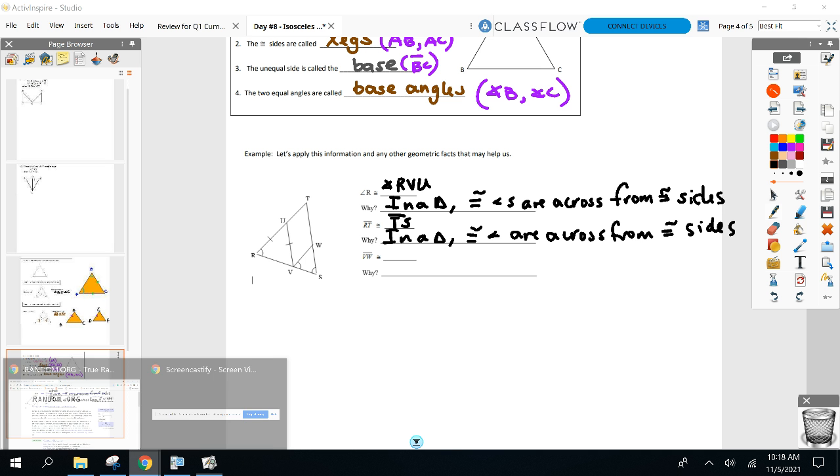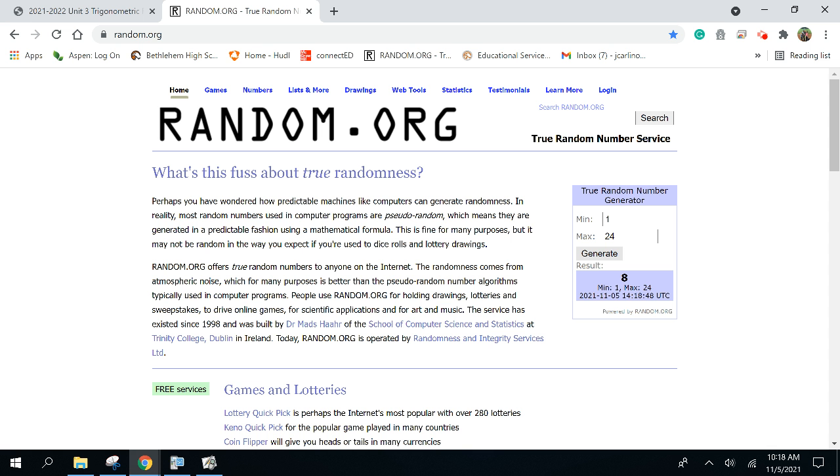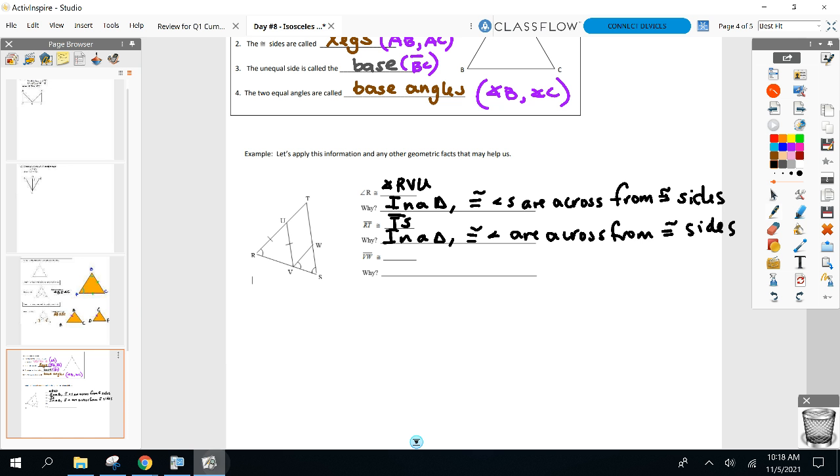Okay, VW and 8. Nah, I was going to say I had a feeling. 24, VW and WS. Everyone see the triangle we're working in? Right? Again, the why in a triangle. Congruent angles are across from congruent sides.